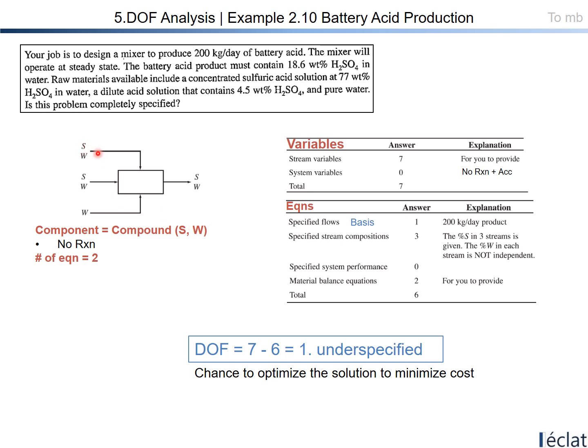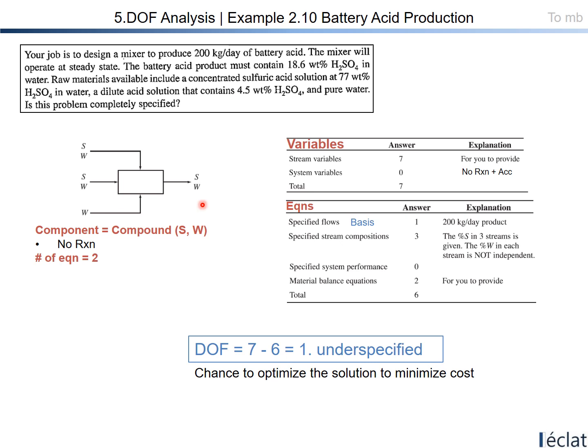So the first 2 input streams would have S and W. So maybe let me write down S1, W1, S2, W2. And in the third input stream, you would have pure water. Also, in the output stream, you have a mixture of sulfuric acid and water.